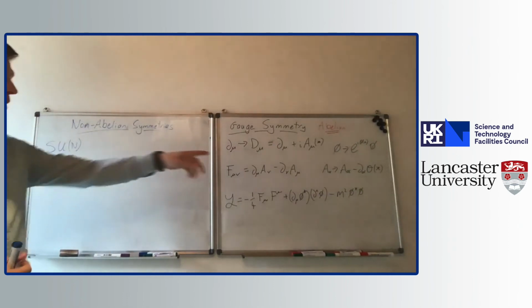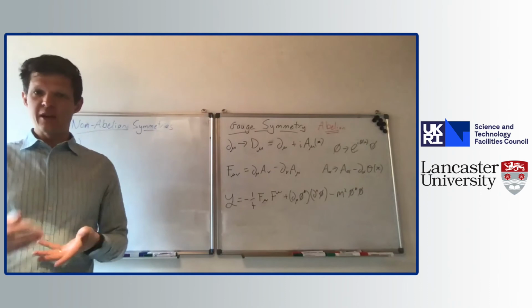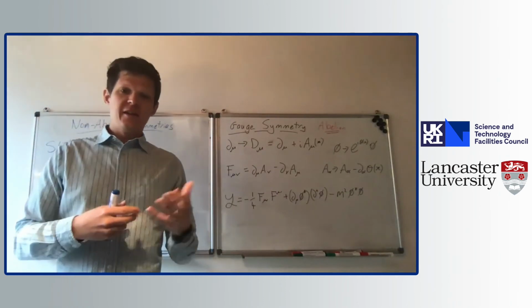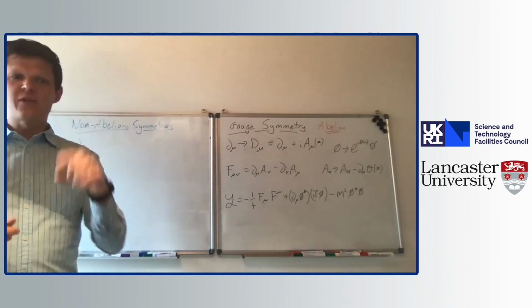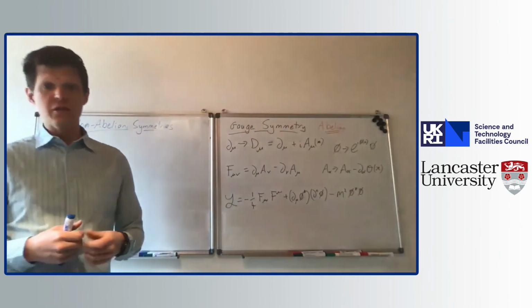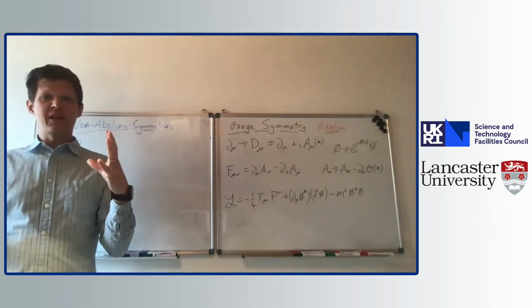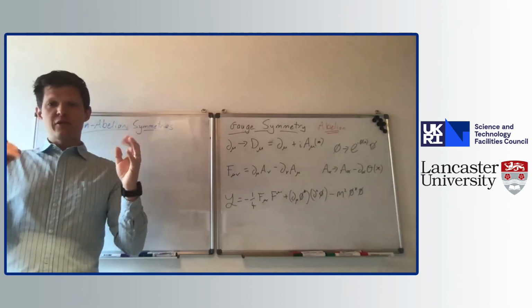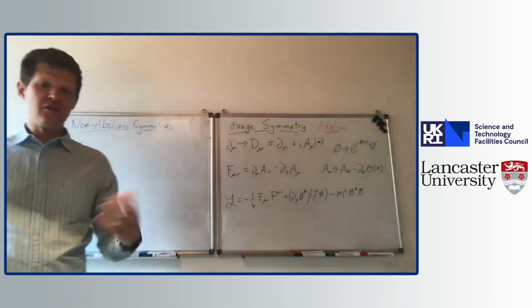So U(1) is the unitary group of size 1 essentially, so that's just multiplying by complex phases. The matrix e to the i theta, which is a 1 by 1 matrix, multiplied by its conjugate gives you 1, so that tells you that it's unitary. If you were doing, for instance, SU(2), you'd have a 2 by 2 complex matrix, let's call it M, then M dagger M would be the identity matrix. That's a unitary transformation.